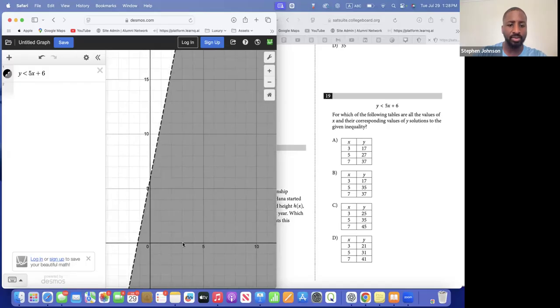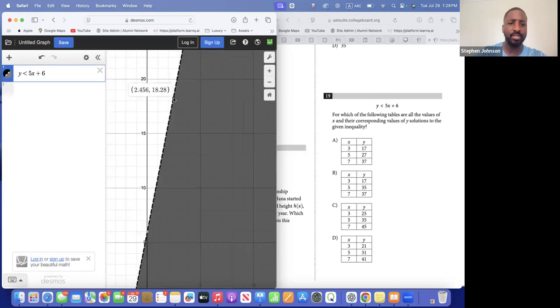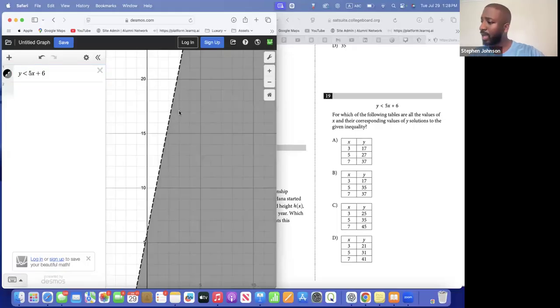Okay, so when x is 3, looks like our y value on the graph is 21, which means the point (3, 17) is down here somewhere. So that actually does work. Going back to my equation, they all have (3, 17) except for C, which is (3, 25). So C is outside of the range, and D, (3, 21), is also outside of the range. So I know (3, 17) works, so A and B are possibilities.